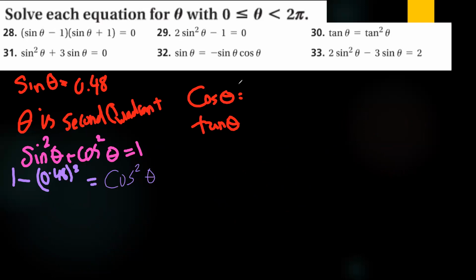So now, if you subtract 0.48 squared from 1, you get 0.769. This one is cosine squared. What do you need now? You need cosine. So you have to take the square root.